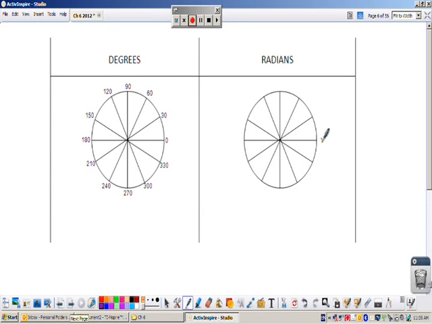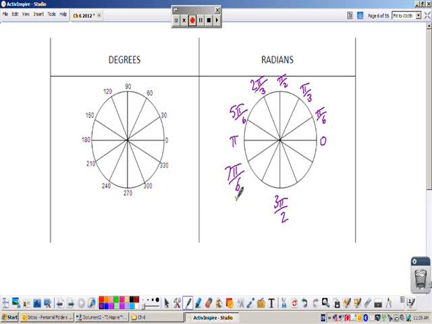Using the same technique, we can fill in the axial intercepts and then start counting in pi on 6s. So 1 pi on 6, 2 pi on 6 simplifies to pi on 3, 3 pi on 6, 4 pi on 6, which simplifies again, 5 pi on 6, 6 pi on 6, 7 pi on 6.